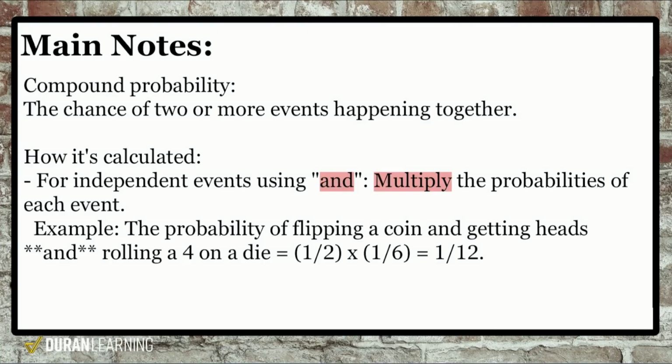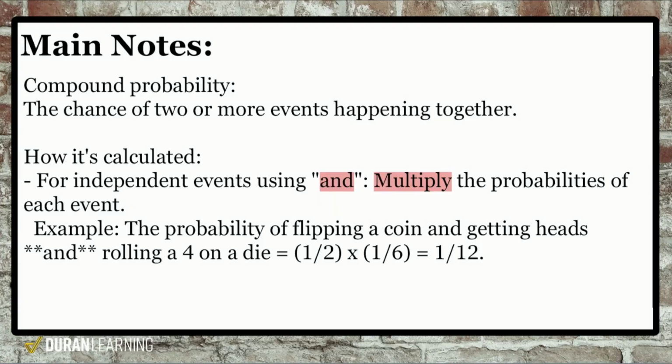For example, let's say we're talking about flipping a coin and rolling a 4 on a die. Those are two separate things. We have the flip of the coin, and then we have rolling the die. So again, two events.